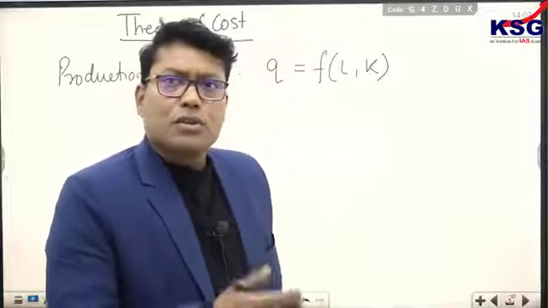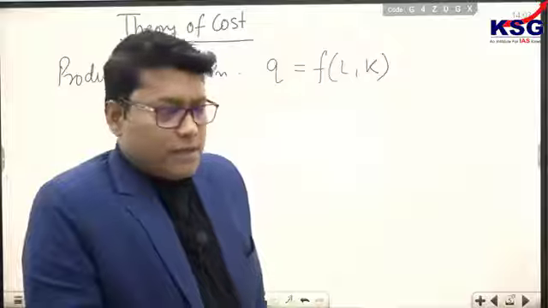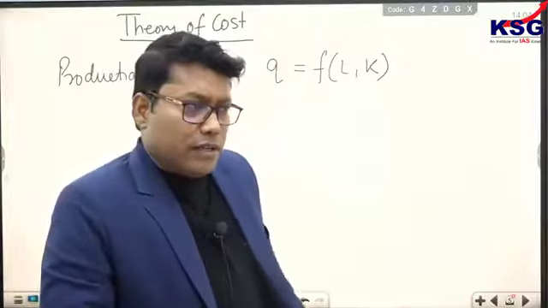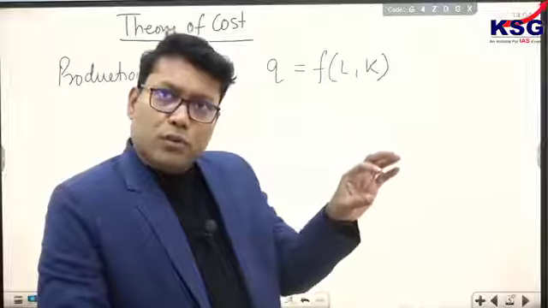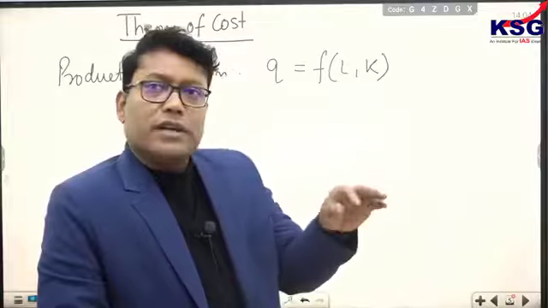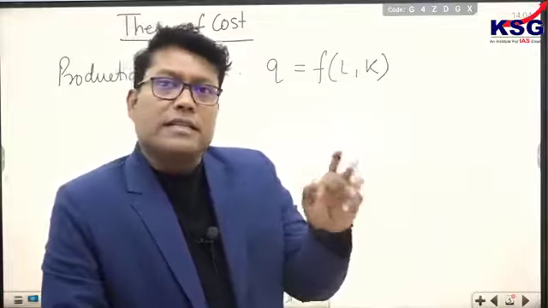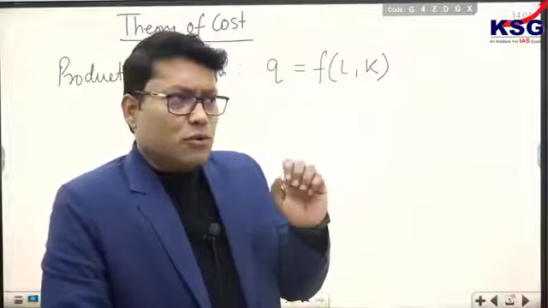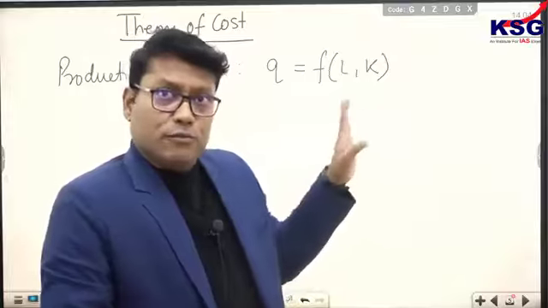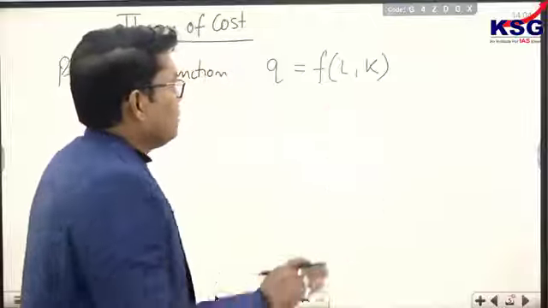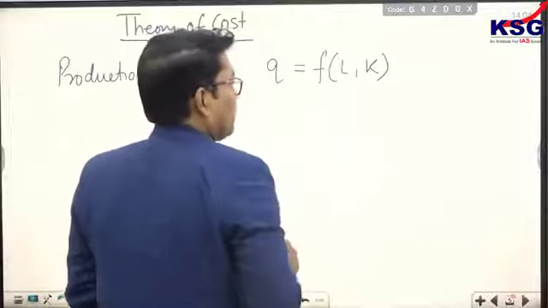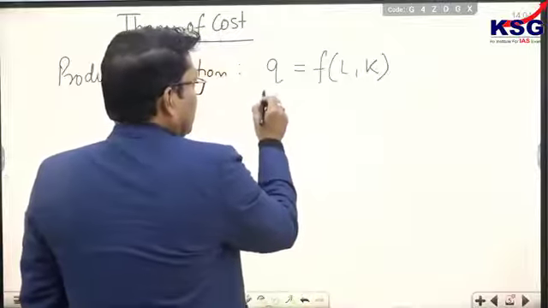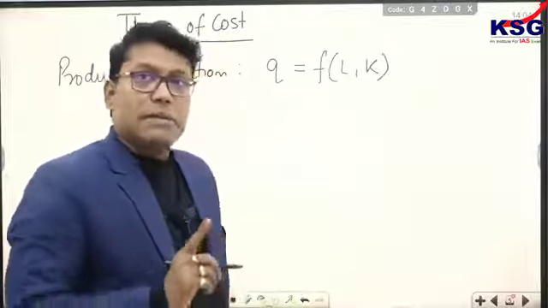Here there are many factors, but we take labor as 1 factor and club all other factors together as capital, because their nature is more or less the same. So you can say production is a function of labor and capital.